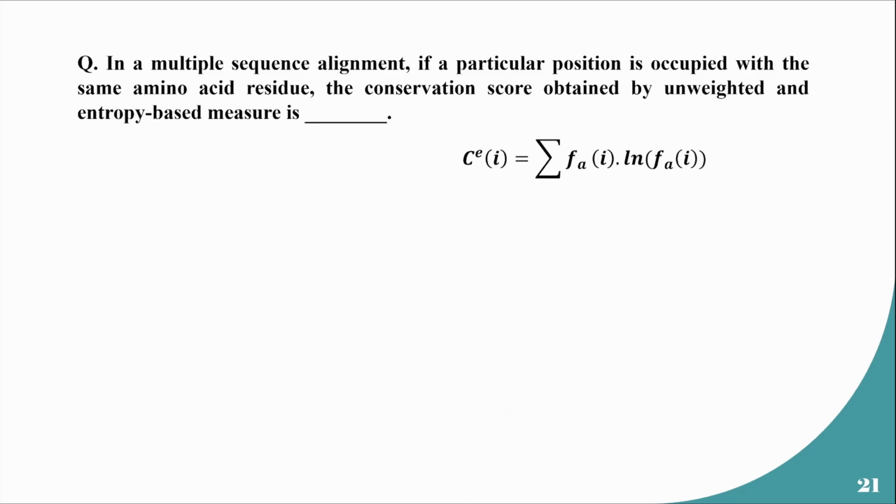So in that case, what will be the conservation score from unweighted entropy-based measures? So here is a handy formula if you want to calculate that. It says summation of Fa of I times ln Fa of I. Okay, so could you calculate the score and then give the answer?